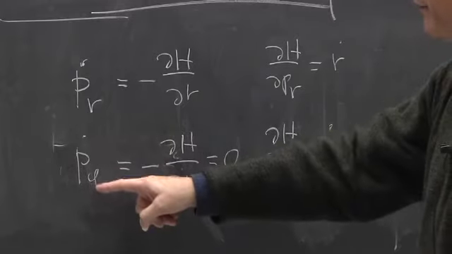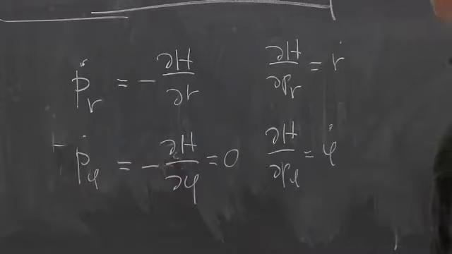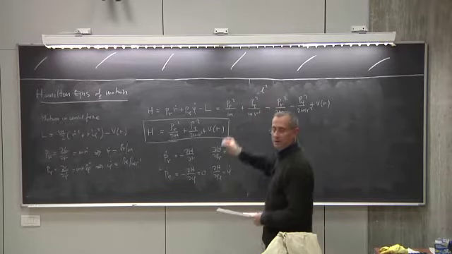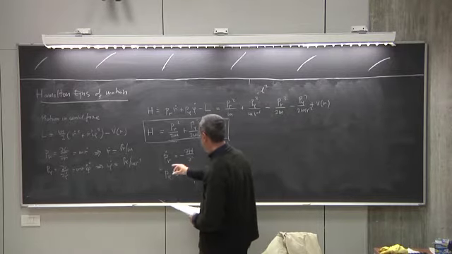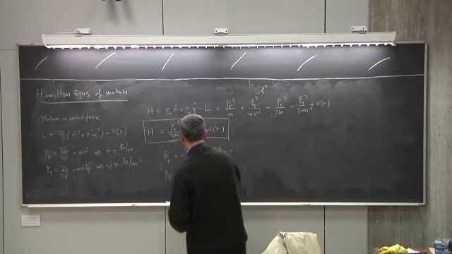Moreover, this p_phi is conserved because it's the angular momentum. So here, this is just a constant. You can replace that with L squared as a constant. And the only dynamical equation is then this one here. So I write it.